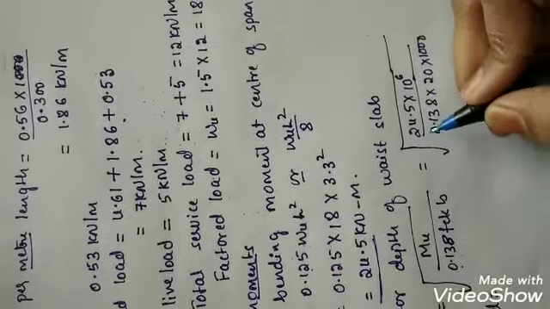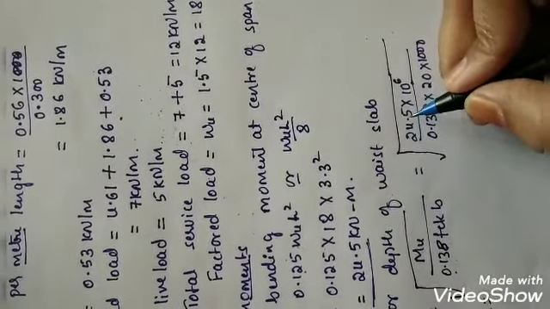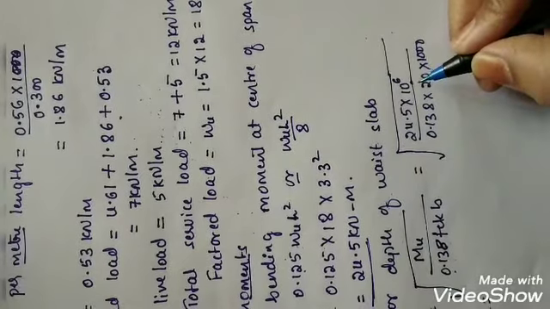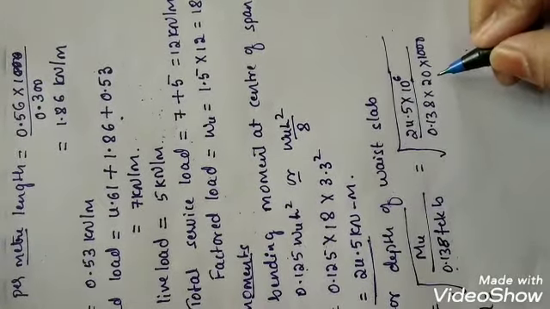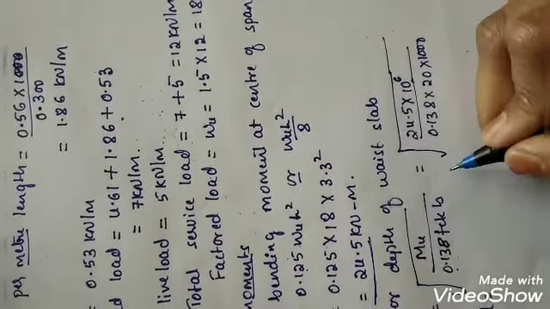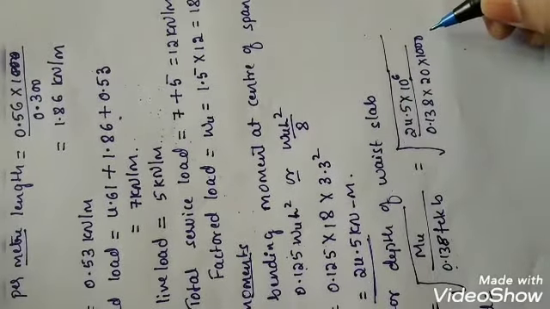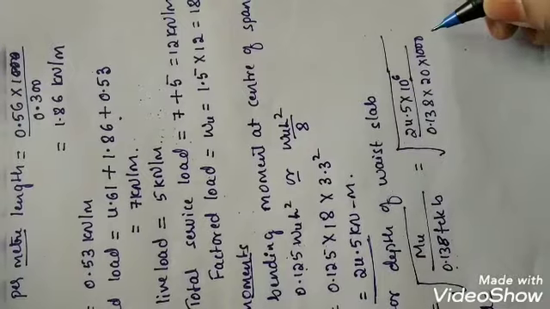And I have substituted the values. Mu just now we have calculated, I have substituted in terms of Newton millimeter. 0.138, fck is given in the problem as 20. And breadth we have considered for the 1 meter width, so I have substituted it as 1000 mm.